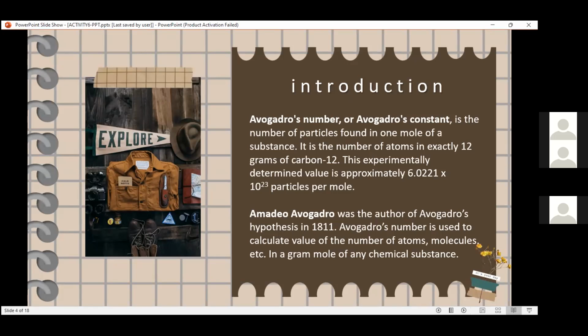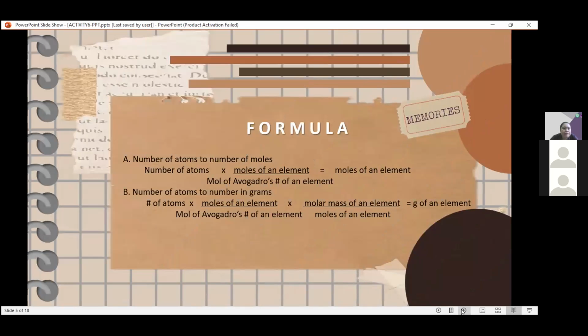So you just have to memorize this, that 1 mole of an element, for example, is equivalent to 6.0221 times 10 raised to the power of 23. Again, that is constant for the Avogadro's.